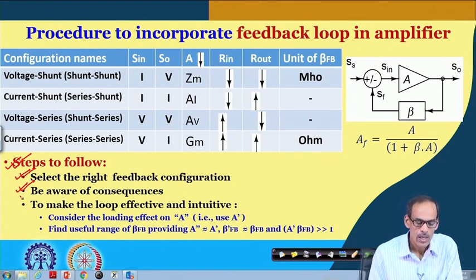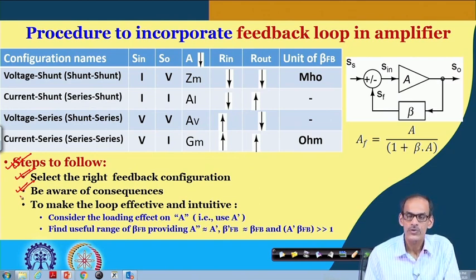And the third one is very important: if we consider the practical application, and if you really want to make use of this feedback connection to create some effect, and if you really want to know what the effect is, and intuitively calculate the corresponding changes, then definitely we need to have a fair understanding of a suitable range of the parameters, or rather the feedback resistance or feedback network.